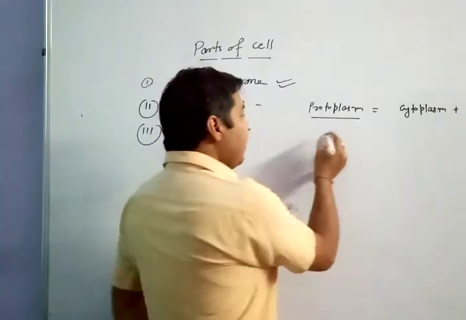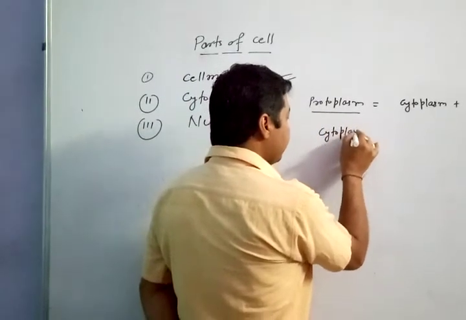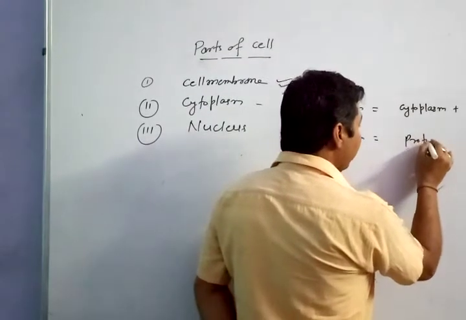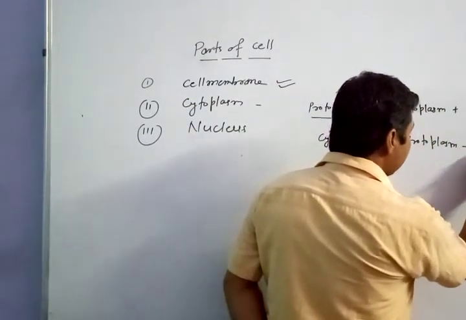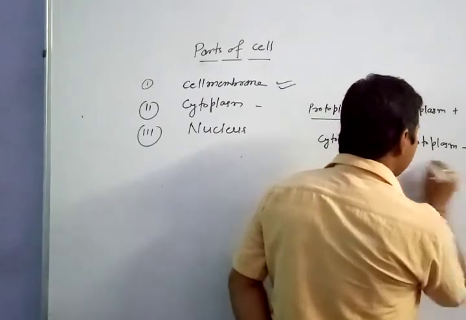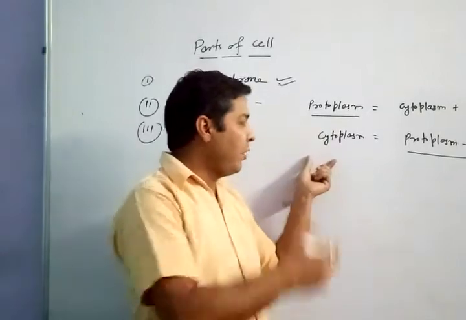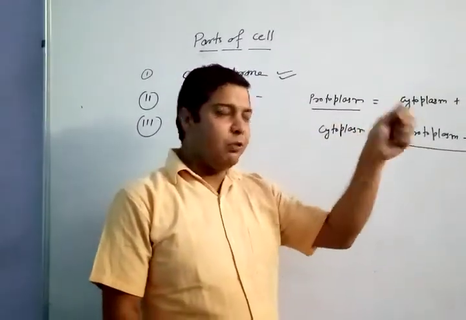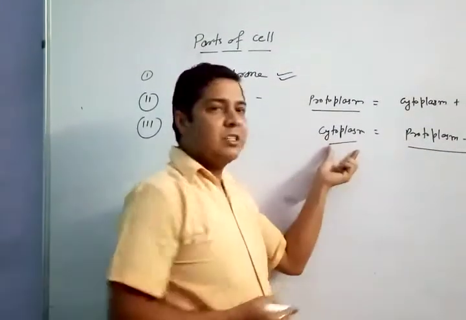But what would this equation mean if you try to find the cytoplasm? Cytoplasm means protoplasm minus nucleus. So this is the formula. If you take the nucleus out of the protoplasm, the entire remaining structure is called cytoplasm.